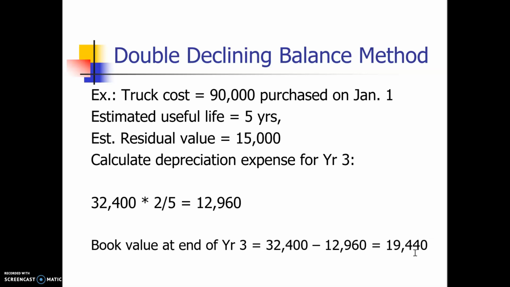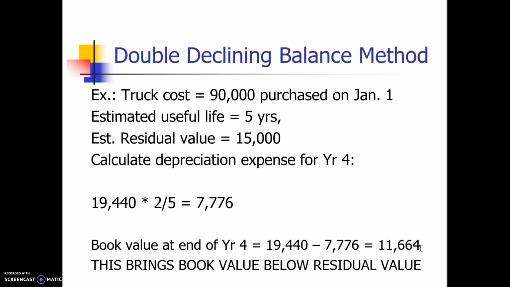Depreciation expense in year 3 is 12,960. We'll debit depreciation expense 12,960, credit accumulated depreciation 12,960. Okay. And so our book value at the end of year 3, if we take last period's book value of 32,400, subtract this period's depreciation expense, now we've got book value of 19,440.